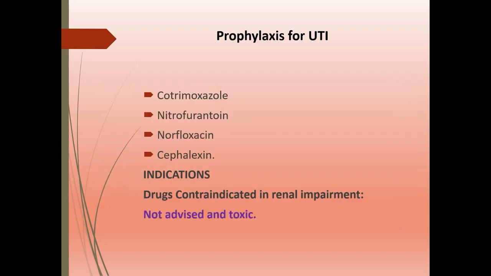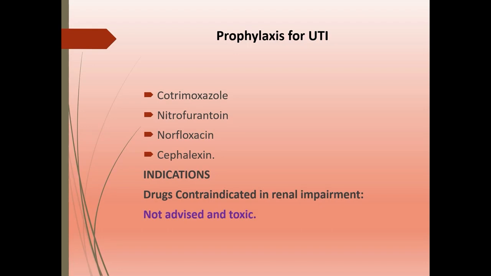Then when will you give prophylaxis? What are the indications for prophylaxis? When the patient has recurrent attacks of symptomatic UTI, or when there is catheterization, so when an indwelling catheter is placed, or when there is urinary stasis due to obstruction as in prostatic enlargement, or when there are abnormalities in the urinary tract which cannot be corrected by surgery.